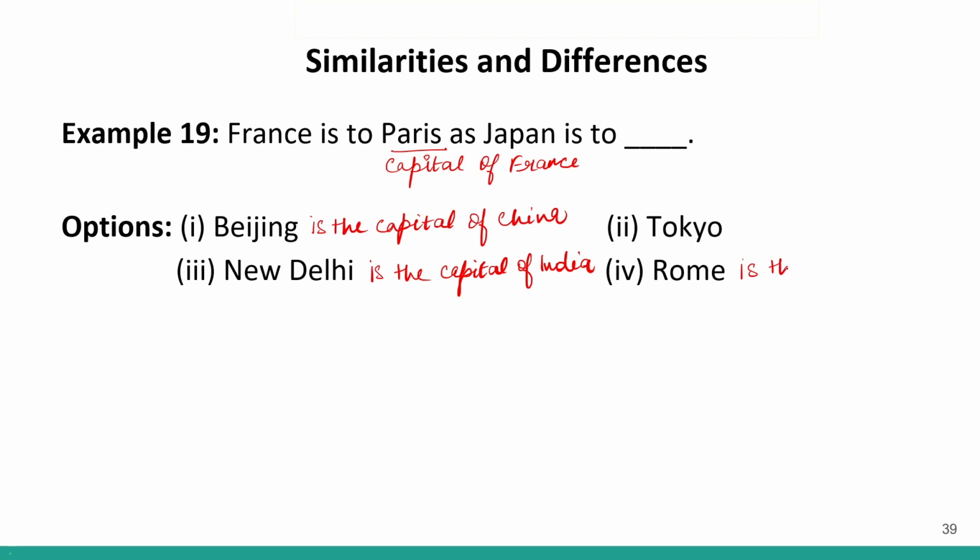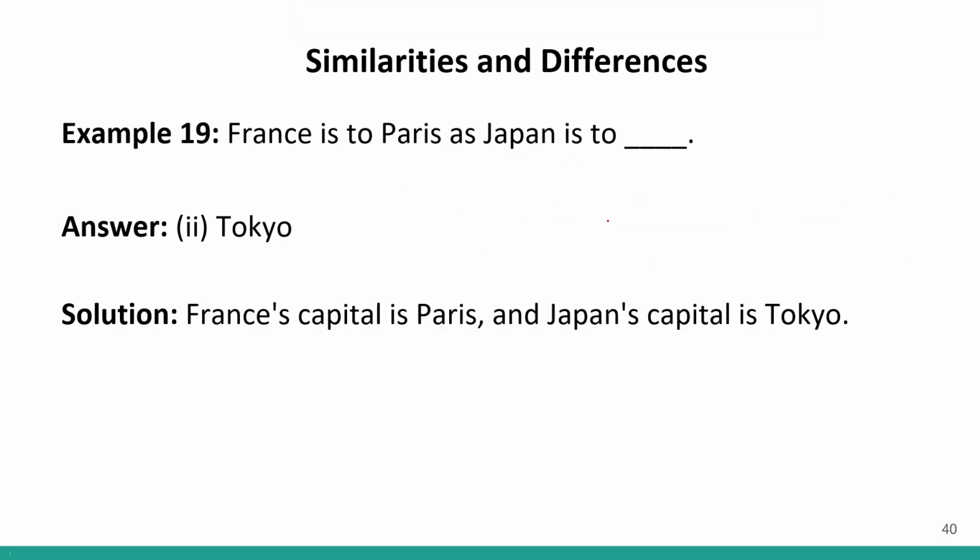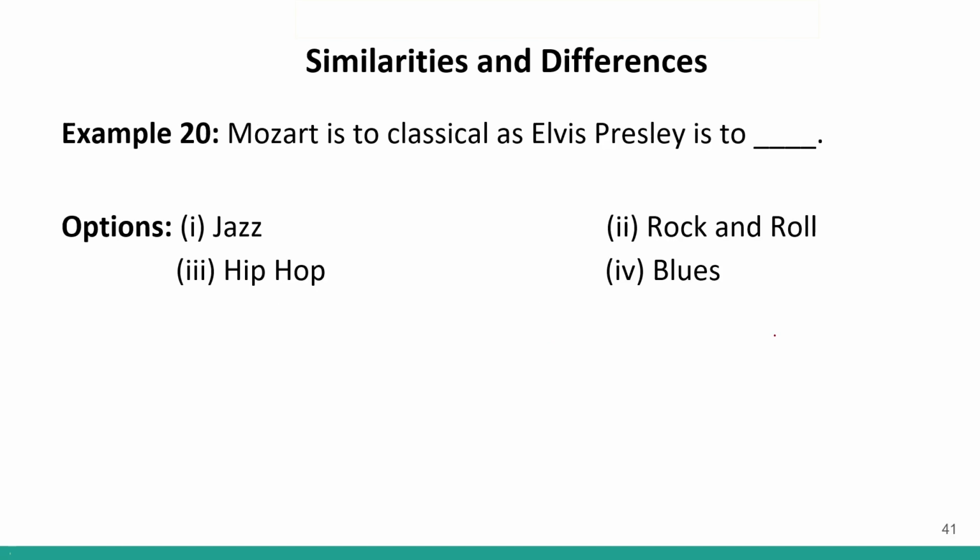Rome is the capital of Italy. Similarly, Tokyo is the capital of Japan. So our answer will be option number 2, Tokyo. So since France's capital is Paris, Japan's capital is Tokyo.